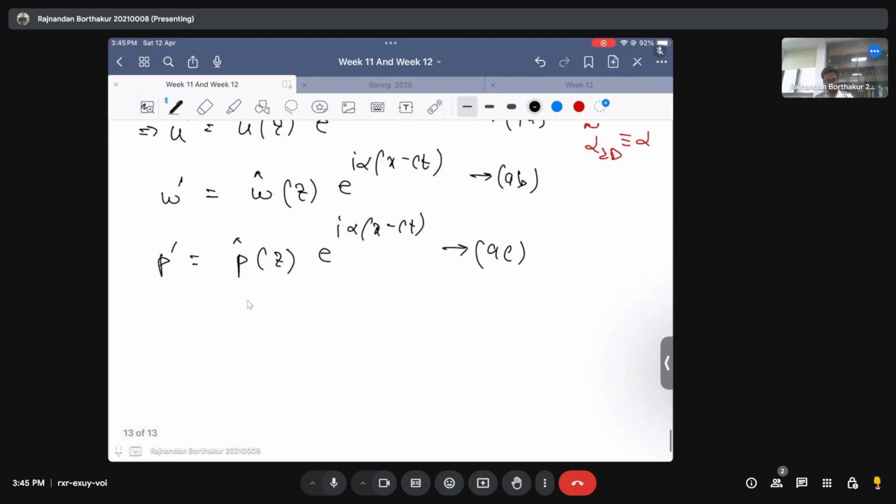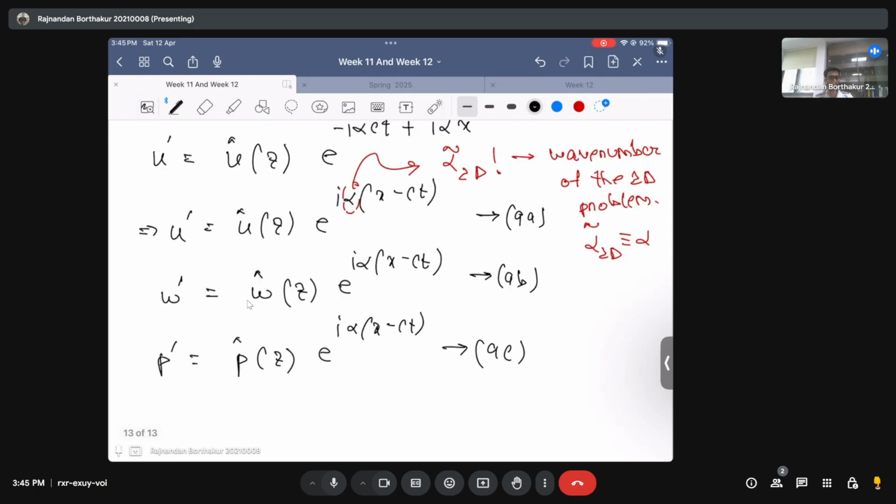All right, so now 9a, 9b, and 9c are the normal modes for the 2D problem. And then what you do is, we have the linearized governing equations. In the 2D problem, substitute these normal modes.